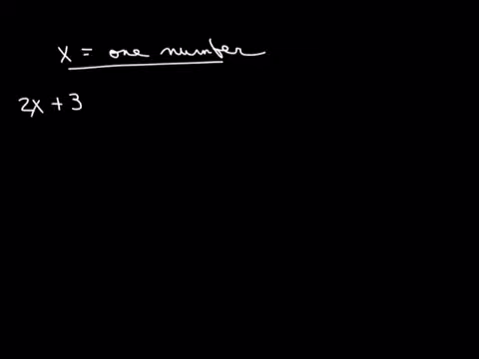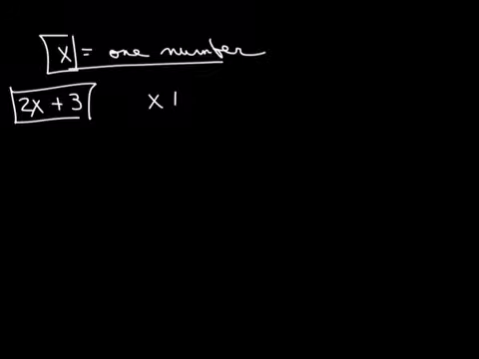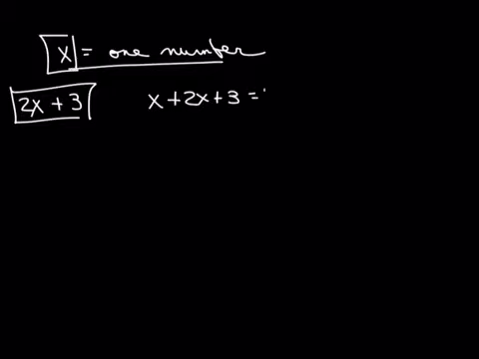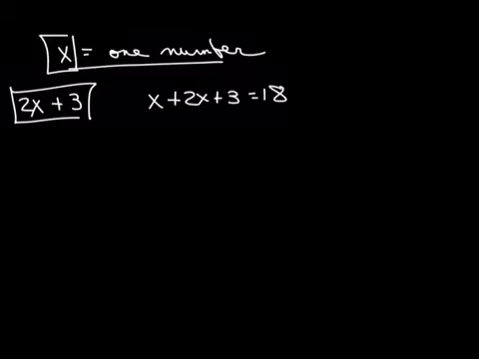And it also says one number is 3 more than twice the other. It also says that if you add both of these numbers together, you get 18. Okay, so our first number is x, our second number is 2x plus 3.